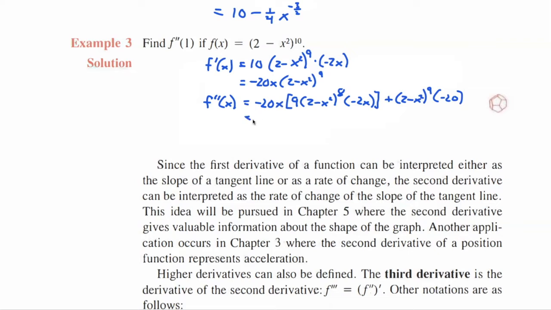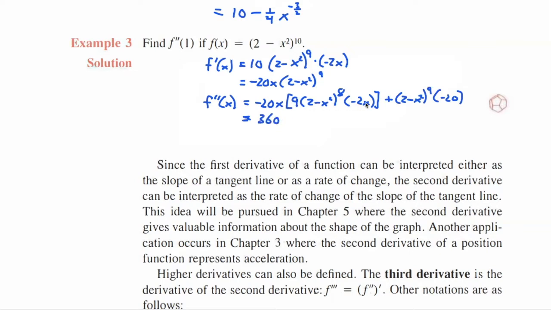Okay, so I wonder if we can simplify this a little bit here. So this is going to be negative 20 times 9. What's negative 20 times 9? Negative 180. Oh, also this multiplied by this 2. So 2 times 9 is 18. 18 times 2 is 36. So we actually have, with this negative, this is going to be actually 360.